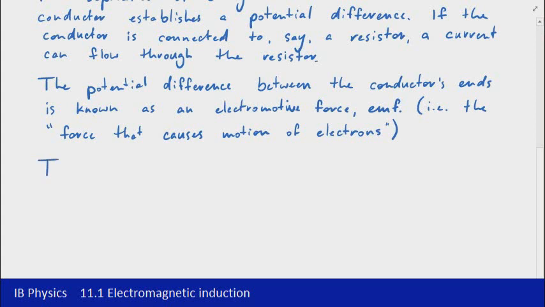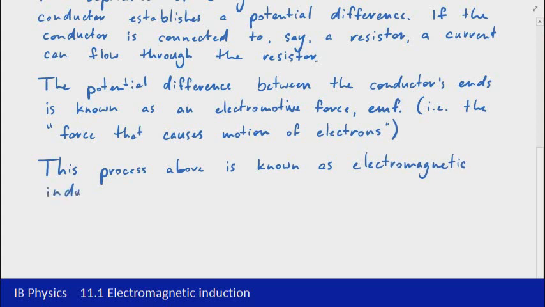So this process above, as I mentioned earlier, is known as electromagnetic induction. The reason for that is that it deals with both electricity and magnetism, and the idea of induction here is that we're causing current to flow.